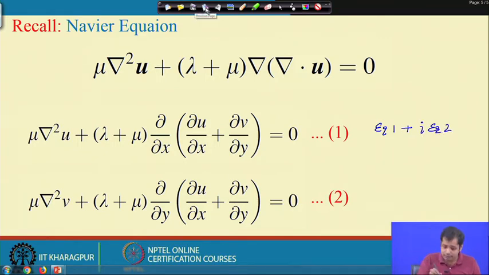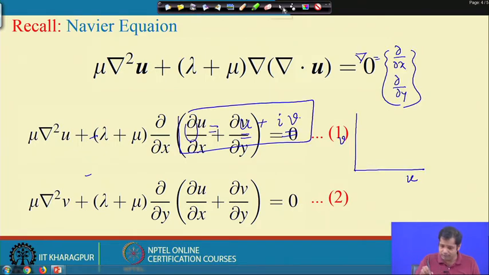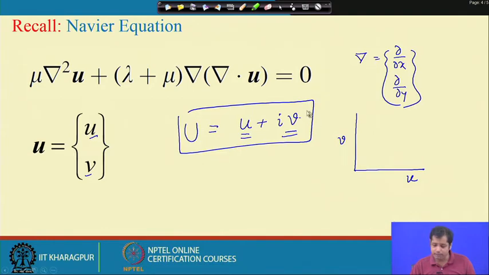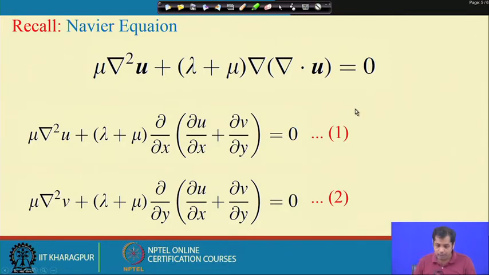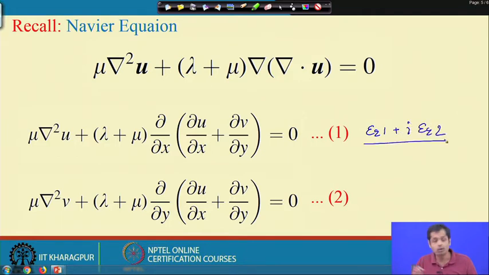The reason is that we just wrote U equal to u plus i v, and we have to write this equation only in terms of capital U. So these two equations in two directions need to be combined to get just one equation. Let us see what happens.